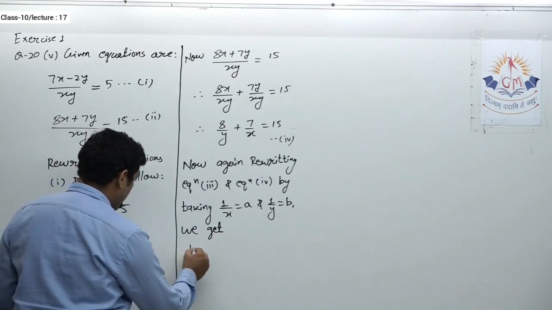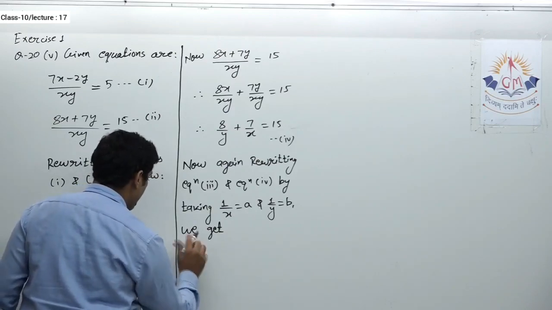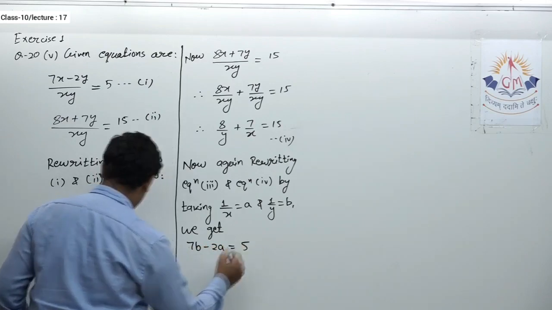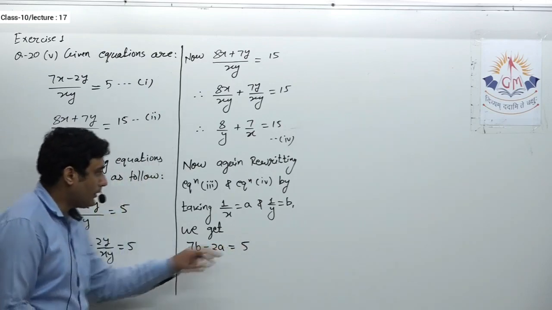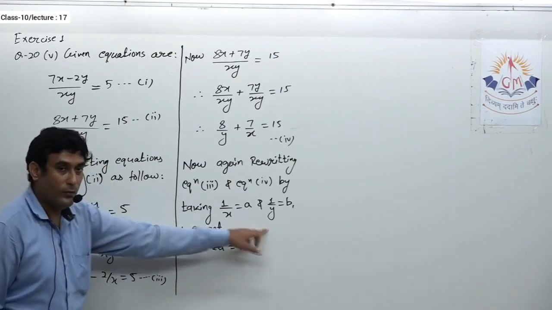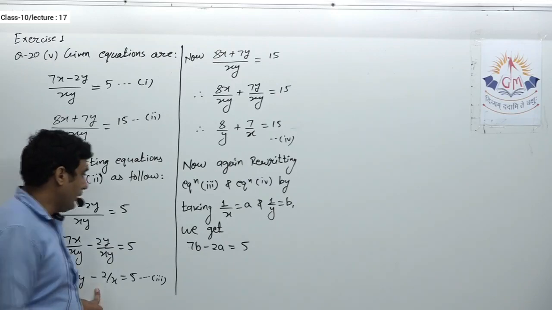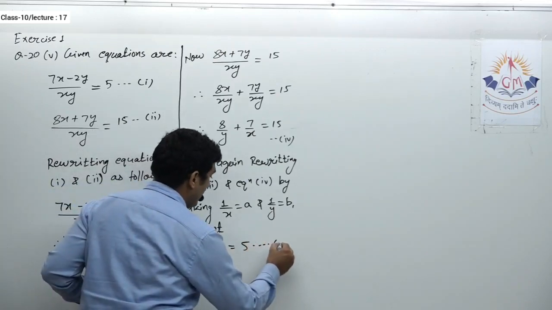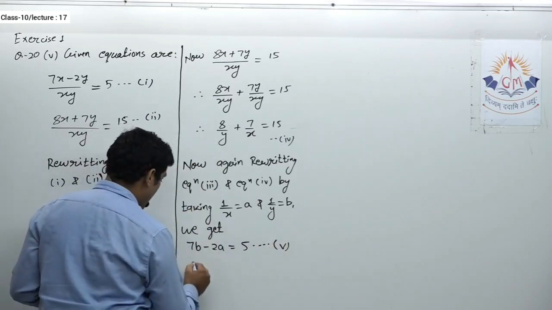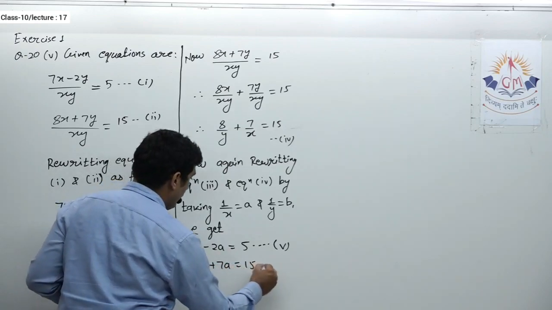So here I get 7b minus 2a is equal to 5. Because I took 1 upon y equal to b, that you have to take care. So 7b minus 2a is equal to 5. This will become my equation number 5. And this will become 8b plus 7a is equal to 15.